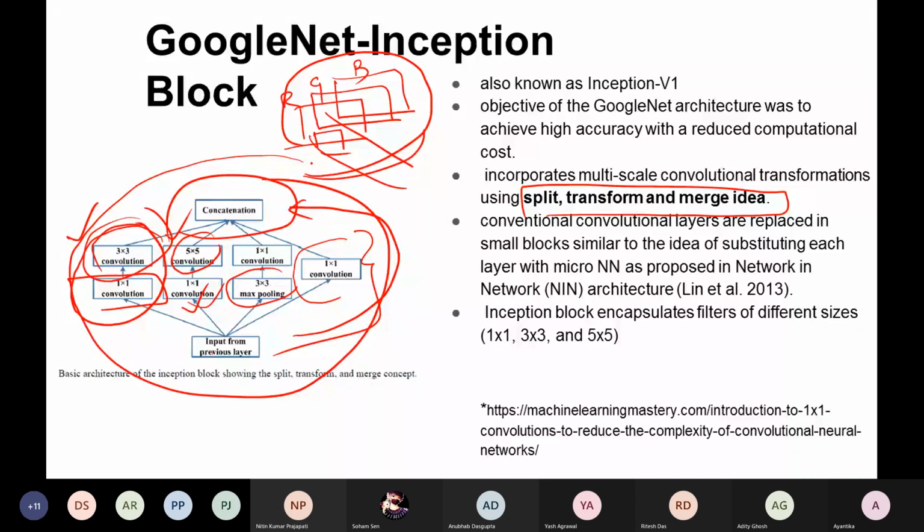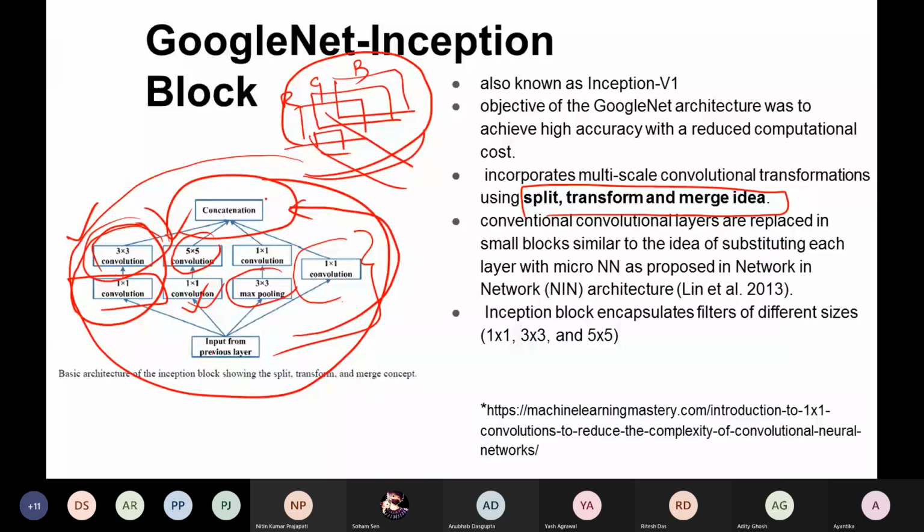So whenever you do this concatenation, you have some information about the feature for which you applied the 3x3 convolution, and some detailed information from the 5x5 filter. Then you have done some max pooling, because pooling is for rotation and some other features, and then whatever direct features are coming from the RGB channels. After that, the concatenation is done.